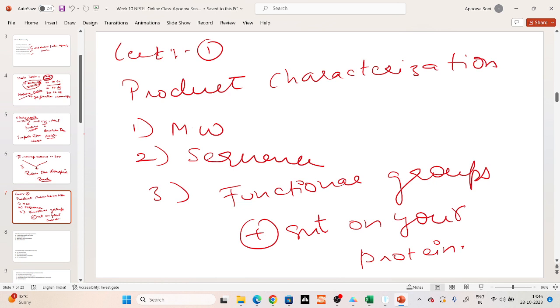So functional groups are characteristic properties of a protein. They are like the fingerprint of a protein. Therefore functional group characterization is of utmost importance.